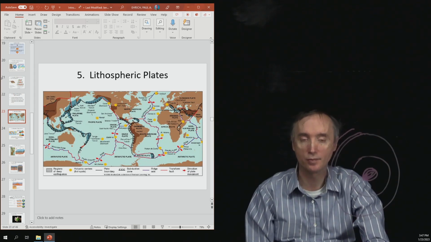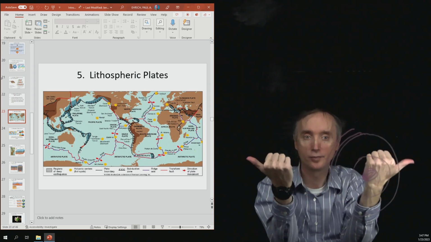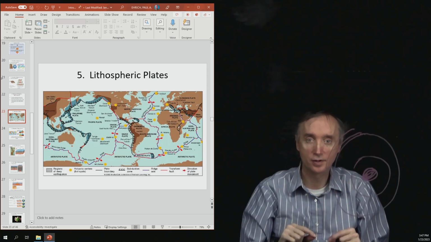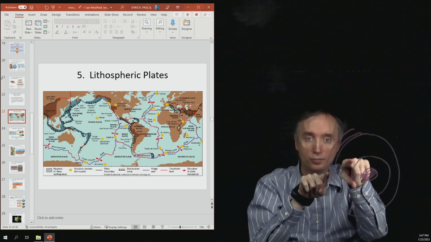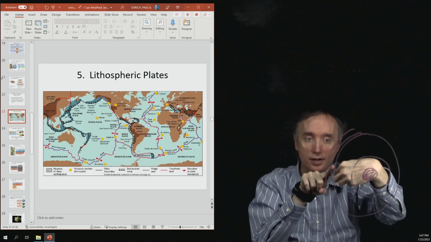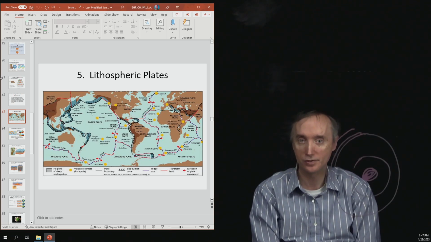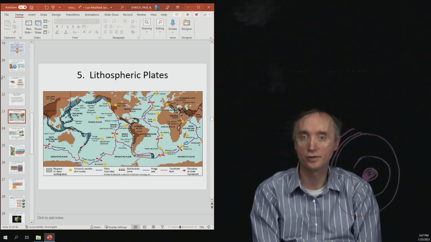You notice that some of the arrows are moving away from each other, some are pointing towards each other, and some are pointing in opposite directions. All of those are different kinds of plate boundaries, and at those plate boundaries, you're going to have different kinds of geological features form.